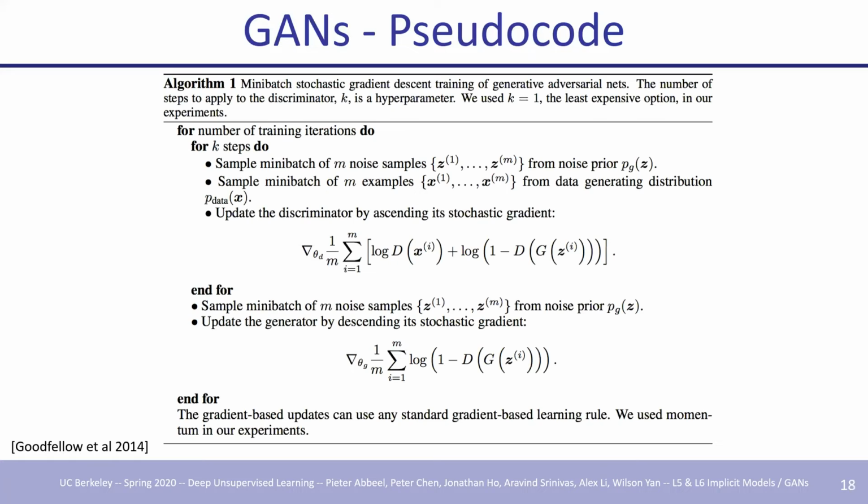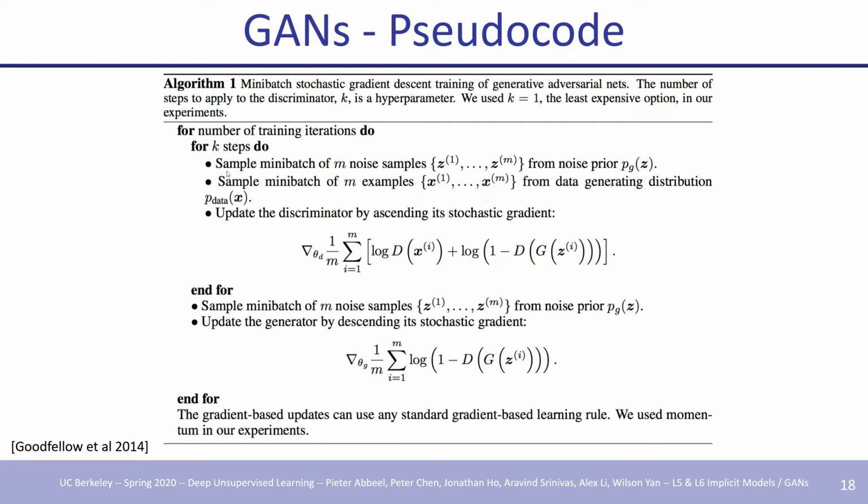Okay. And so here's the pseudocode. So we can go into this a little bit. So they say K is a hyperparameter. And so they say K is equal to 1. This is K here. Okay, so for number of training iterations, for K steps, this K steps goes up to here.